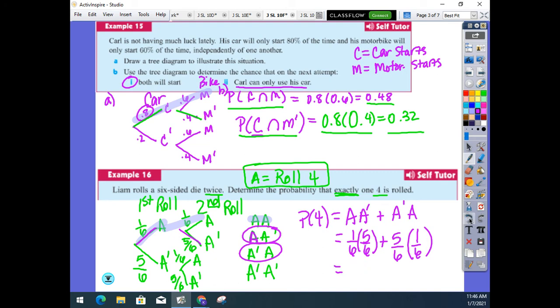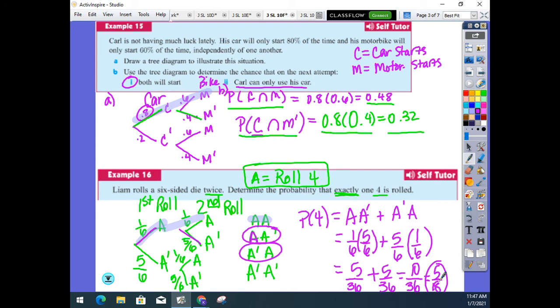We get 5 out of 36, and there are 2 different cases that could happen. So that gives me 10 out of 36, or divide both by 2, and 5/18.